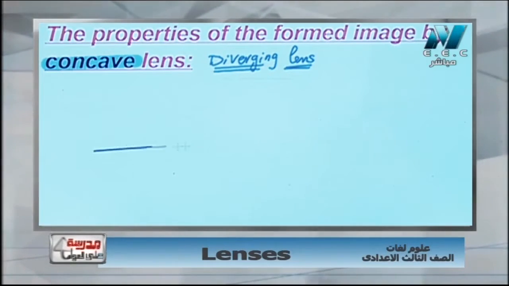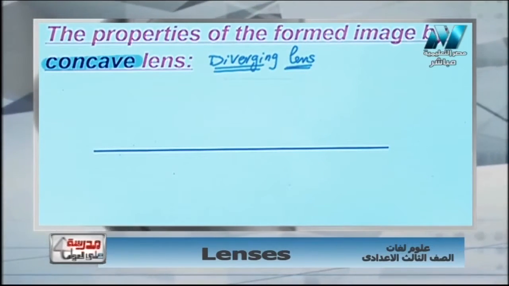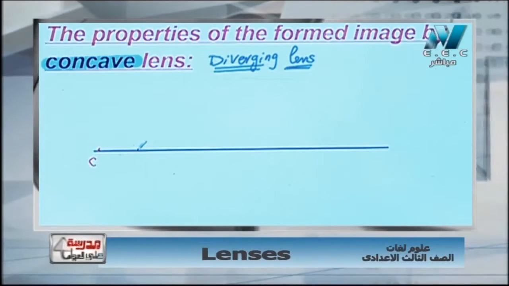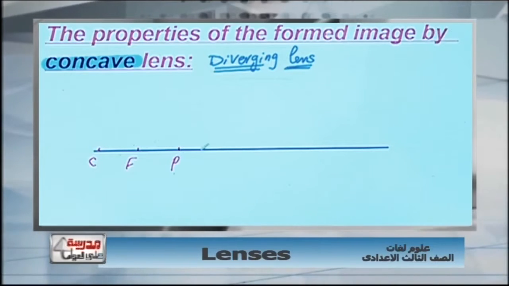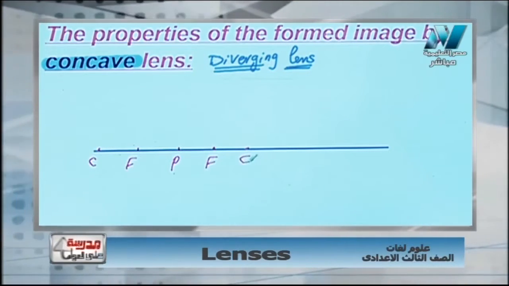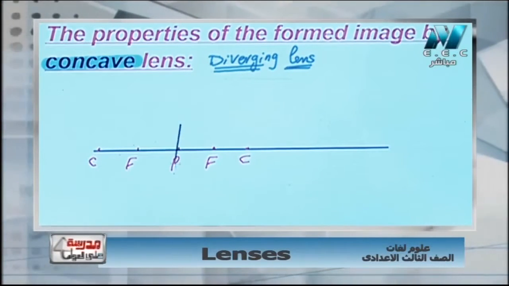By using the ruler we have 4 equal distances: C, F, P, F and C. We have to draw the imaginary line, هنرسم خط كده وهمي.